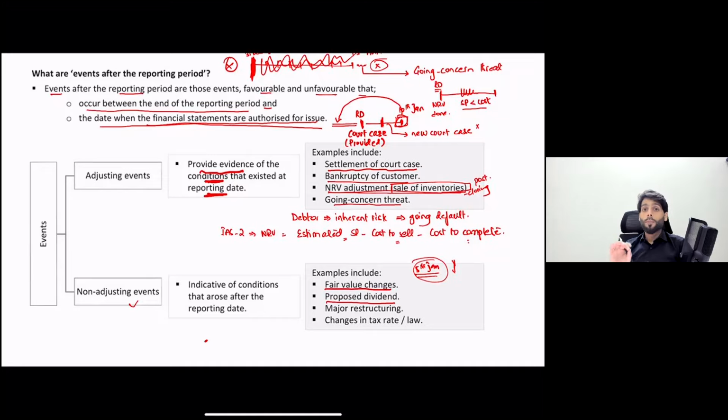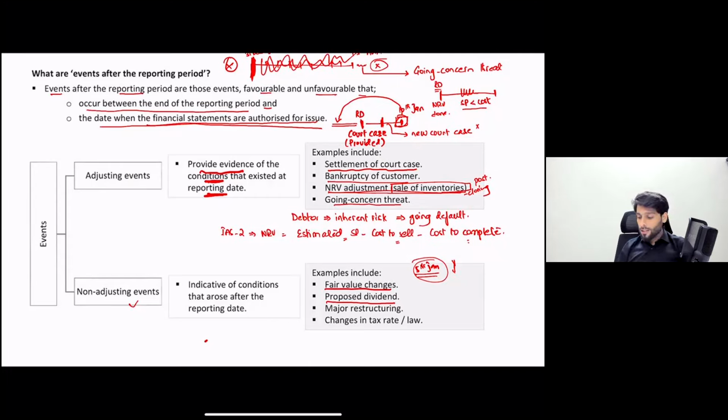That is why a proposed dividend is never an adjusting event, because no obligation exists unless the shareholders approve that dividend in the AGM. The purview of it goes beyond the date when financial statements have been authorized. The proposed dividend can only be approved in the AGM, so it goes beyond the date financial statements have been authorized. So it is always a non-adjusting event.